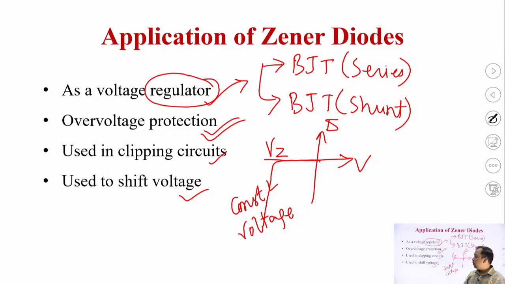If we want to shift the level of the voltage of the input waveform, then also we can use the Zener diode. So these are the major applications. This voltage regulator is a very important application area of Zener diode. And over voltage protection is also used in stabilizer circuits, where we need to protect the circuit.